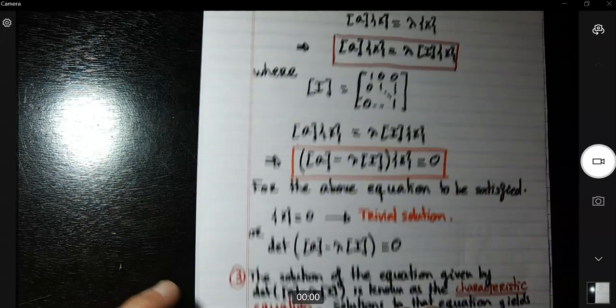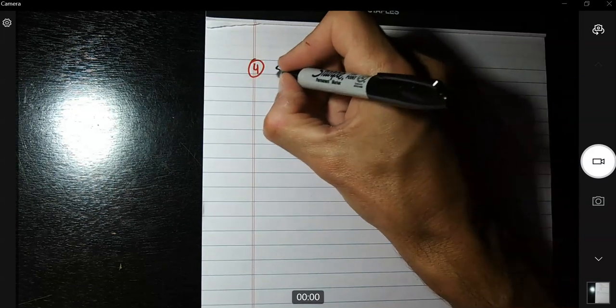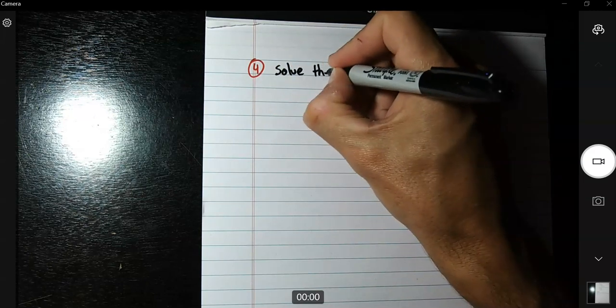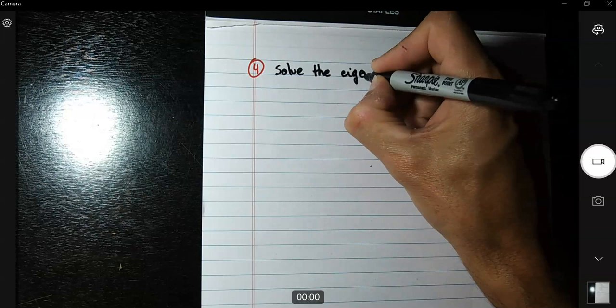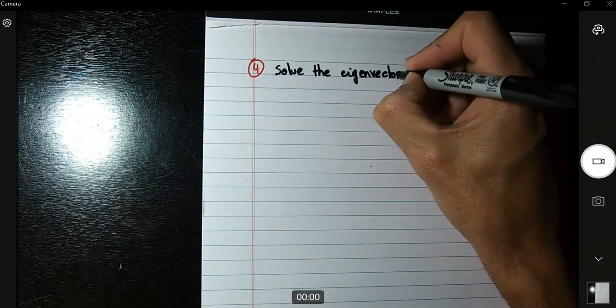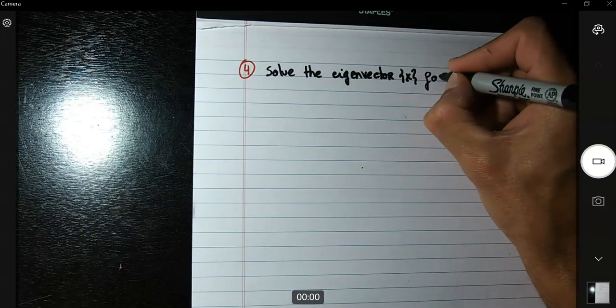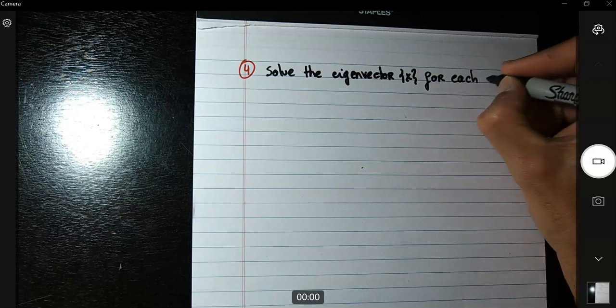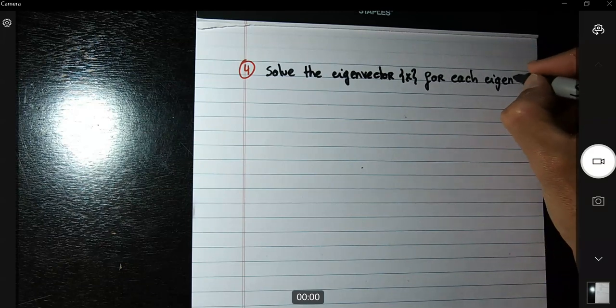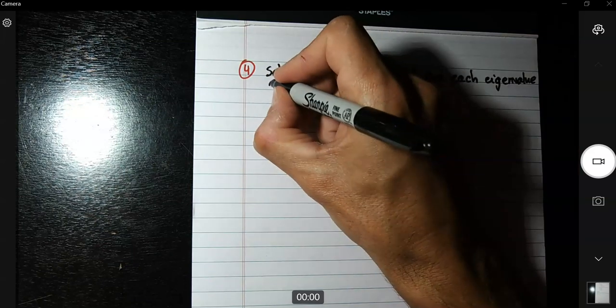Step 3, and step 4 is to solve the eigenvector x for each eigenvalue lambda.